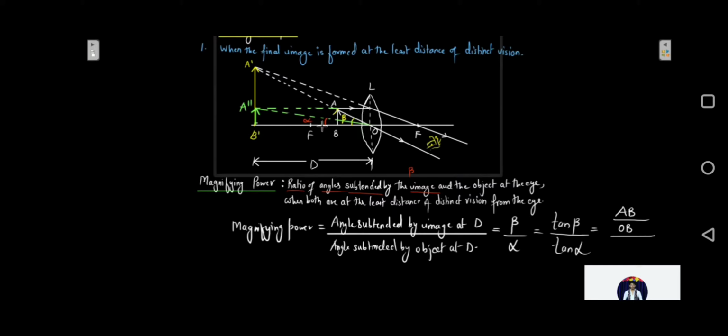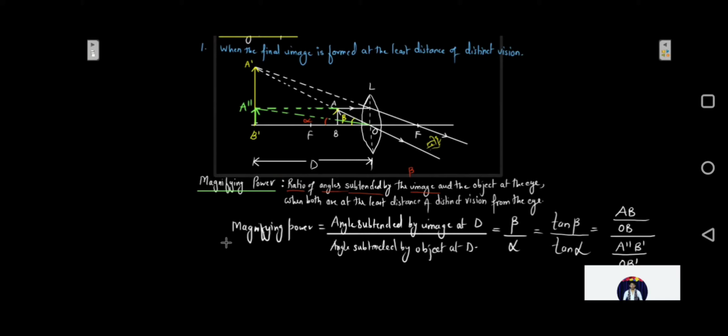If you consider this triangle over here, O A double dash B dash, tan of alpha is going to be opposite, that is A double dash B dash, upon the adjacent side, that is O B dash. So this is going to be the ratio you are going to get over here.